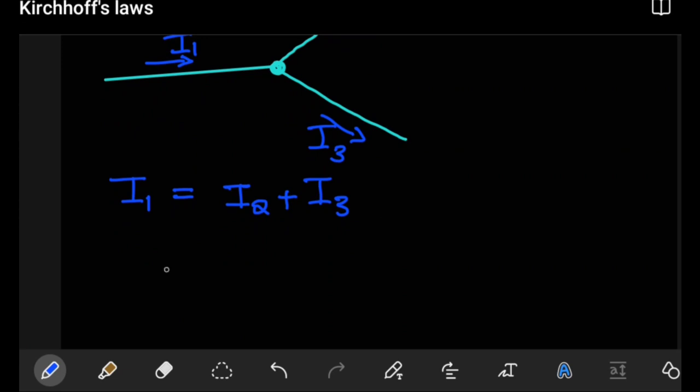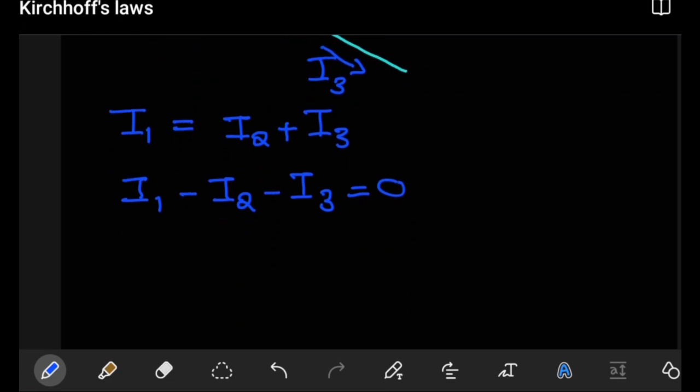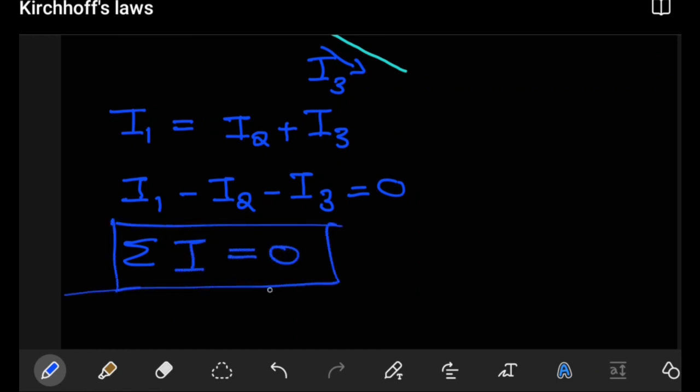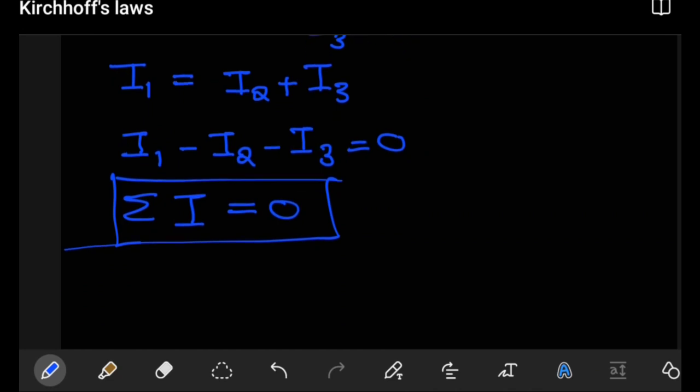If we combine these, we might as well say the current entering the junction is positive and the current leaving the junction comes out as negative. This is equal to 0. So you can conclude that from the junction law, the sum of the current at a junction has to be equal to 0. So this is Kirchhoff's first law, or the junction law.